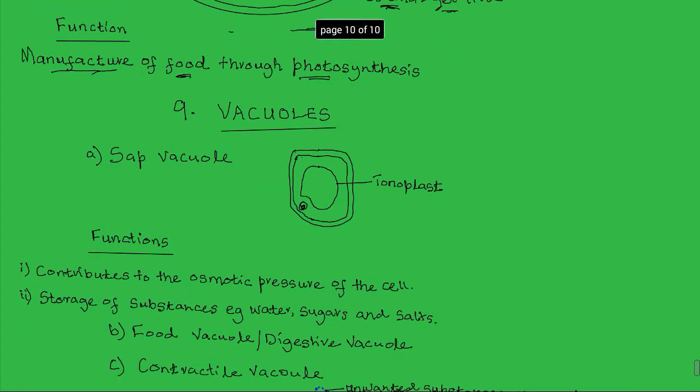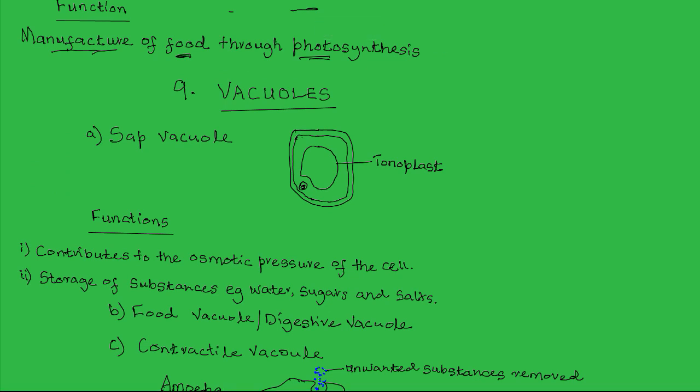Next organelle is a vacuole. Now, there are many different types of vacuoles, but in general, all the vacuoles have a single membrane. That is, regardless of the type, they all have a single membrane.